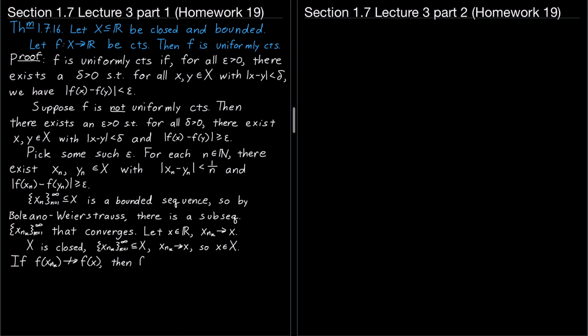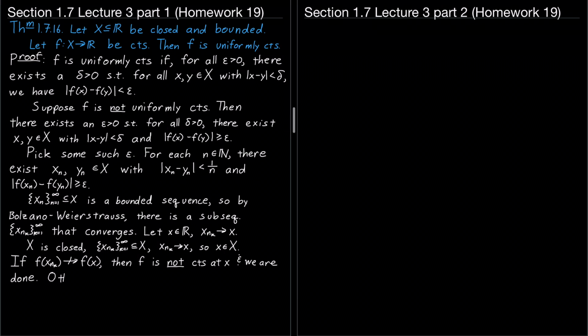Then f is not continuous at x, and we are done. Our goal is to show that our function f is not continuous, meaning not continuous everywhere on its domain. We're going to end up showing that it's not continuous at this particular target point x. So if f(x_{n_k}) does not converge to f(x), then we are done.